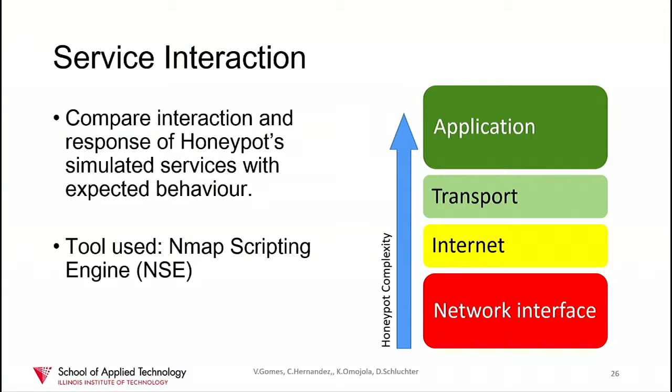The tool that we used for this technique was the Nmap Scripting Engine. It's an engine built into Nmap, so you can run different scripts written in Lua to do these kinds of tests.